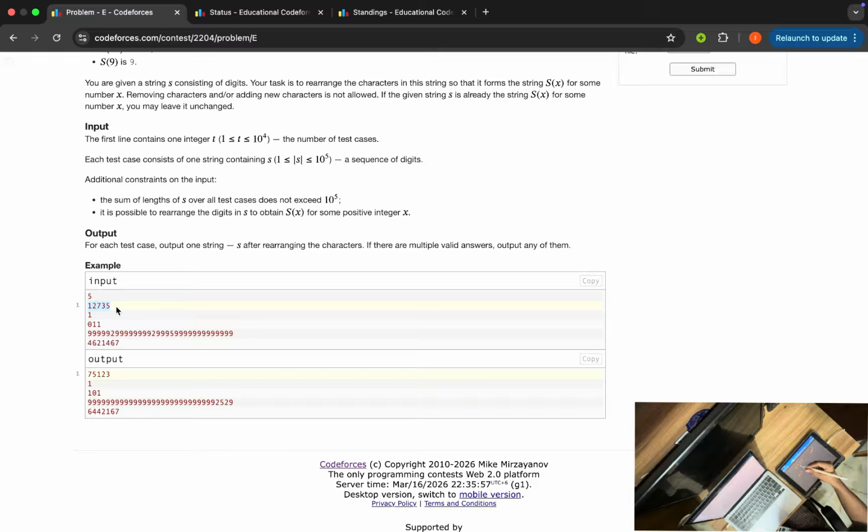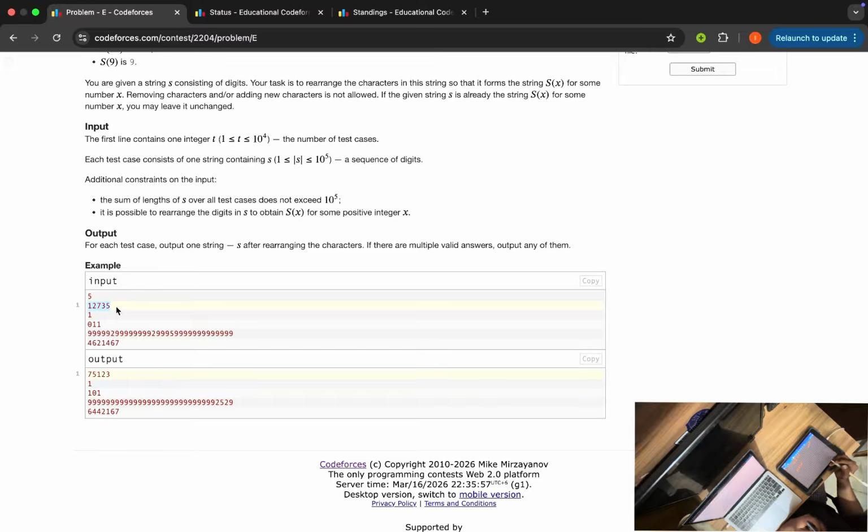Next value should be 3, so that's not correct. If I think the total value 1 2 7, 1 plus 2 plus 7, that should be 10. Also not correct. 3 5, that's not correct. So up to that, 1 2 7 is not correct.